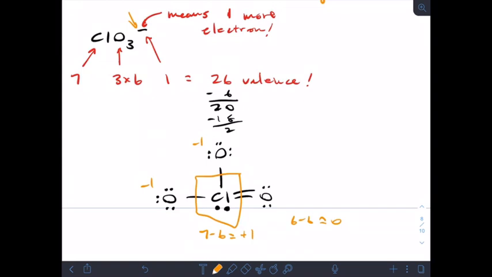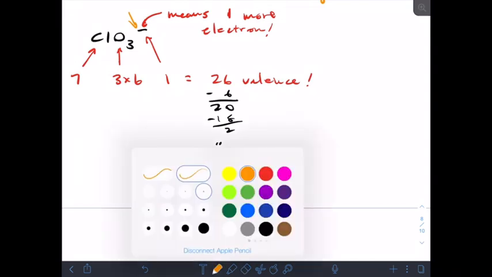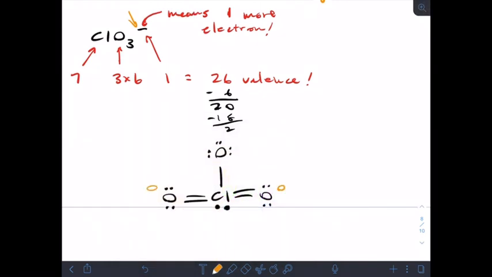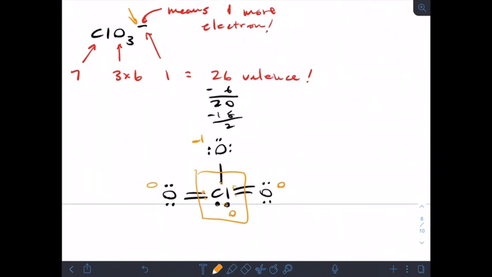Now, what happens if I do another double bond? Let's see that. If I borrow from my left-hand oxygen and make another double bond, now I'm going to have formal charges of zeros, a -1 here, and I've got 1, 2, 3, 4, 5, 6, 7.